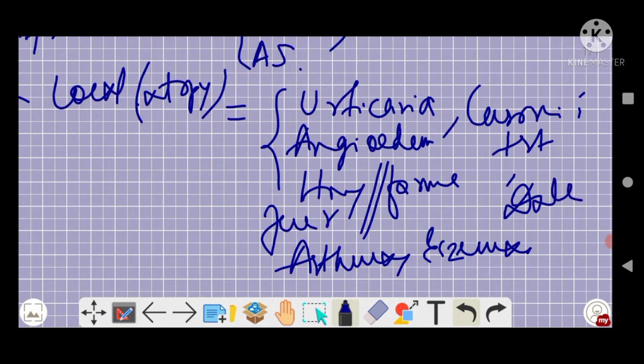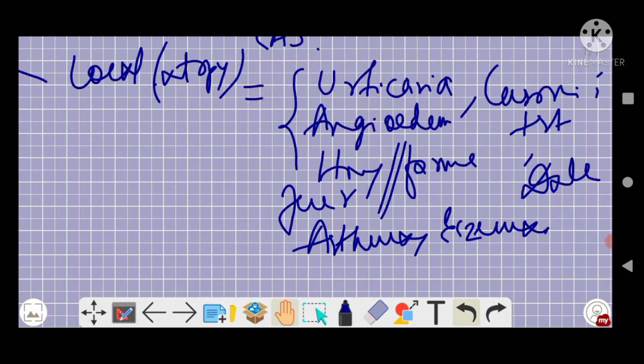All these are examples of local anaphylaxis. We will revise later on.